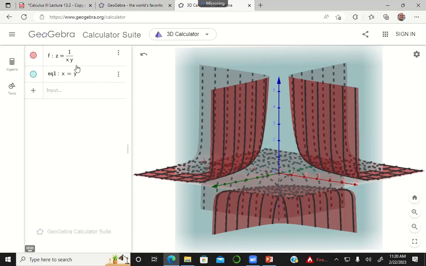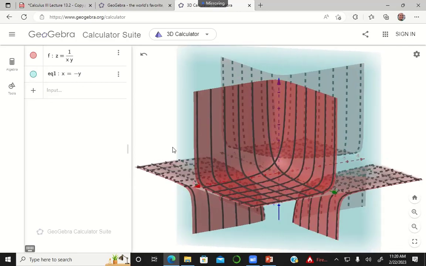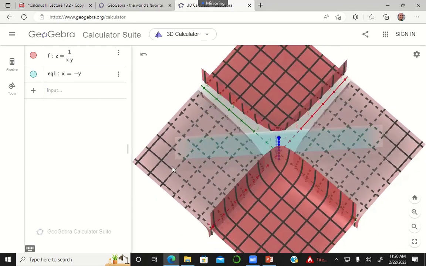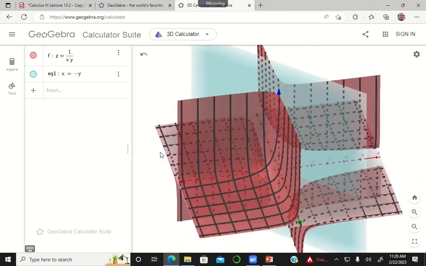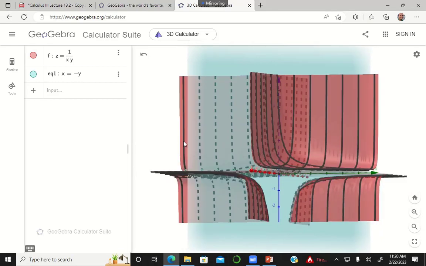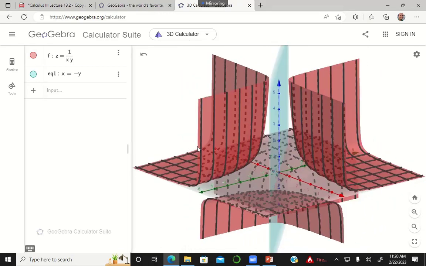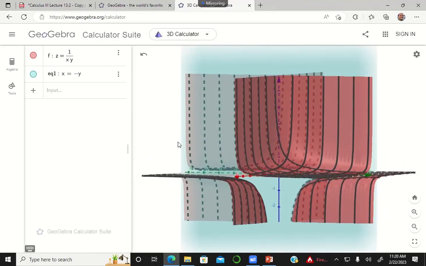But if I set the plane x equals negative y, then I get this plane, and the intersection of the red surface with this blue plane, as x approaches 0, or as y approaches 0, same thing, goes down towards negative infinity as you approach that origin. So that's why I had that limit of negative infinity.